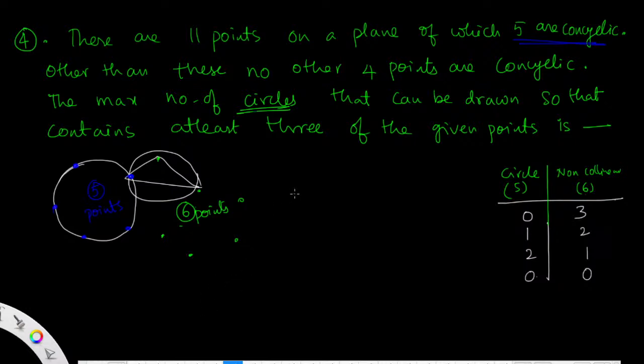So the total arrangements: out of 6 points we can select any 3 points, that is 6C3, and out of the other points 5C0, which is 1. Next, out of 6 points we select 6C2 into 5C1, and next 6C1 into 5C2, and the last way is 6C0.